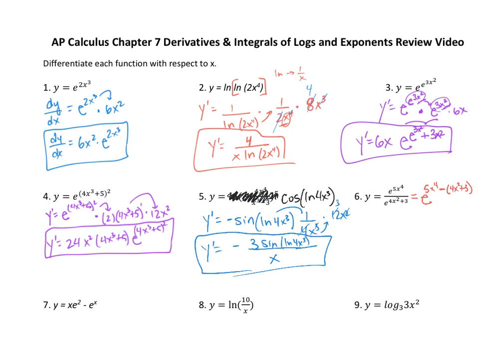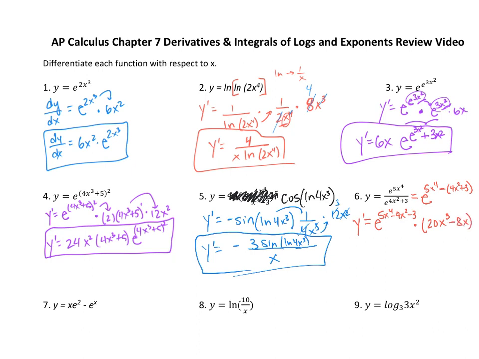So in this case, we'll have y prime as being e to all that. So that'll be e to the 5x to the fourth minus 4x squared minus 3 times, now I need the derivative times this stuff up top, which will give me 20x to the third minus 8x.